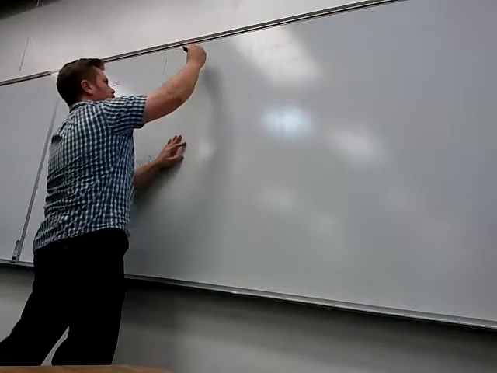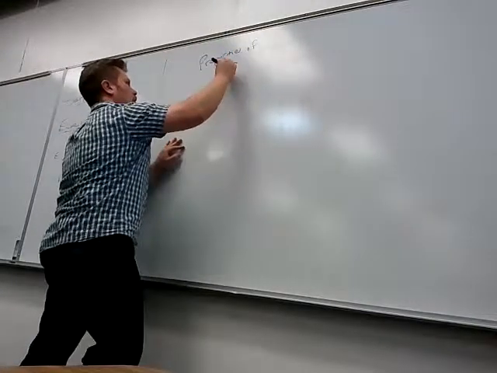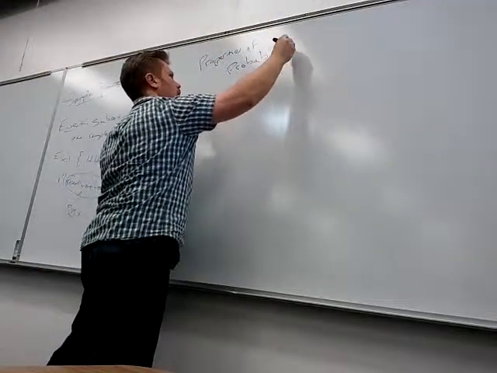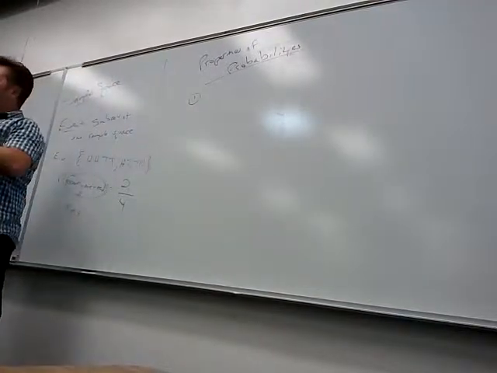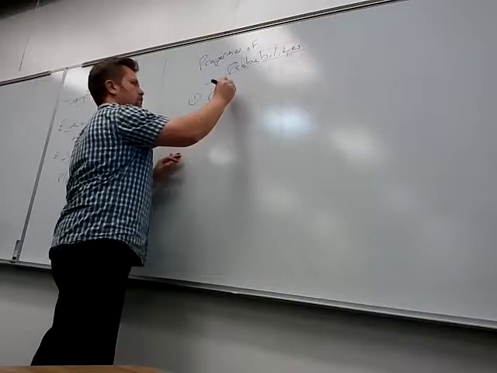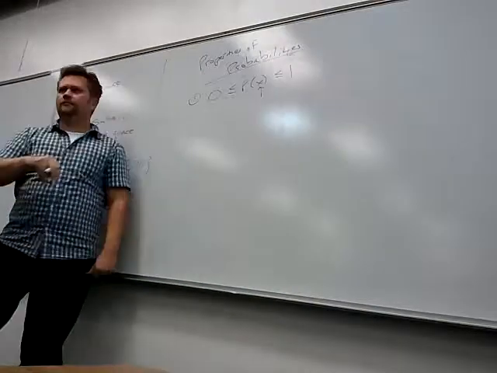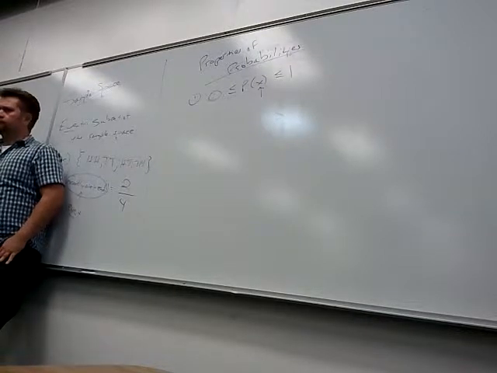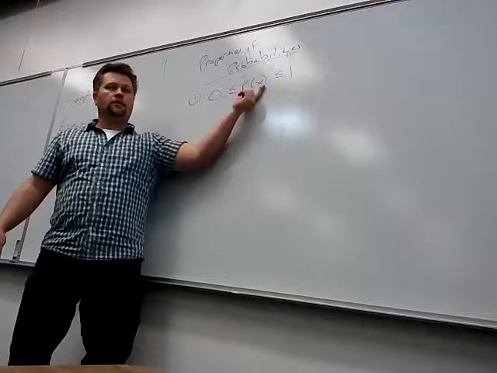What's got to be true about probabilities? What's the least a probability can be? 0. What's the most a probability can be? 1. And what does that notation mean?